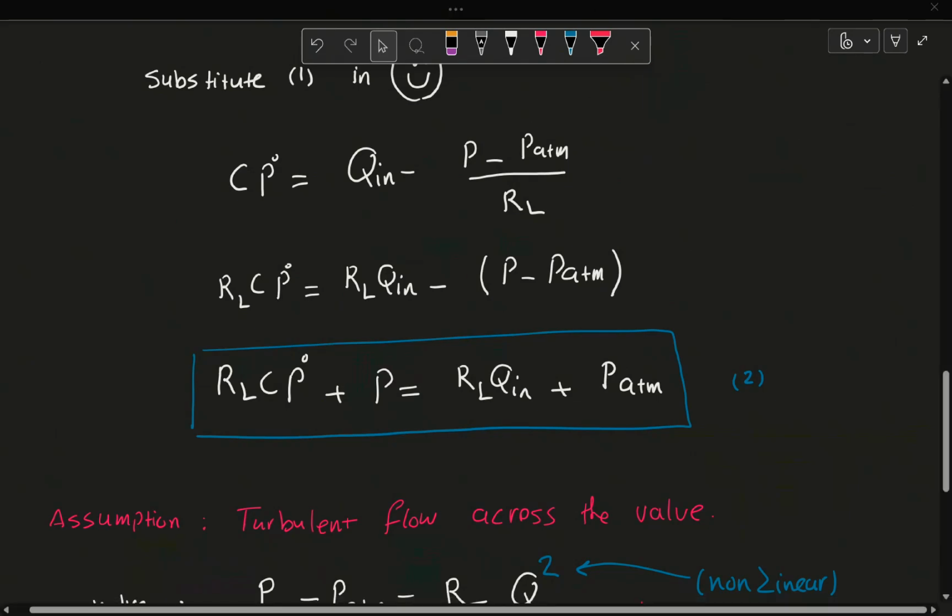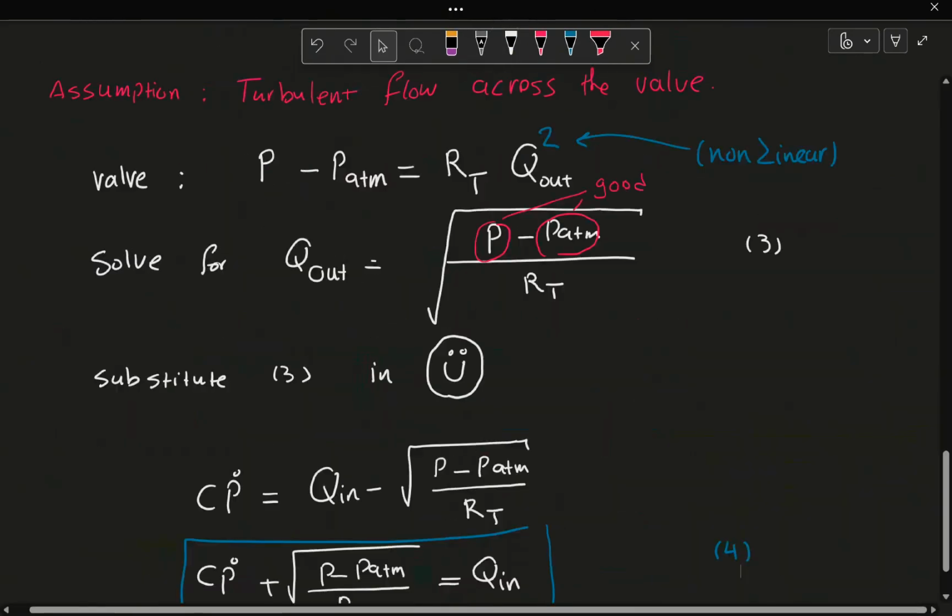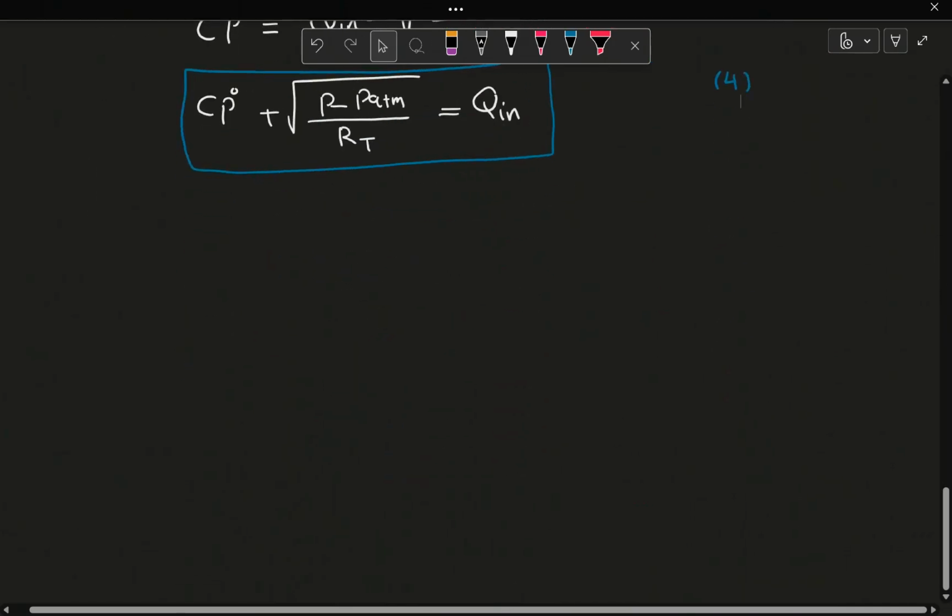Okay, so this is part 2 of this problem. If you remember, you want to formulate equation 2 and equation 4 in terms of the fluid height.